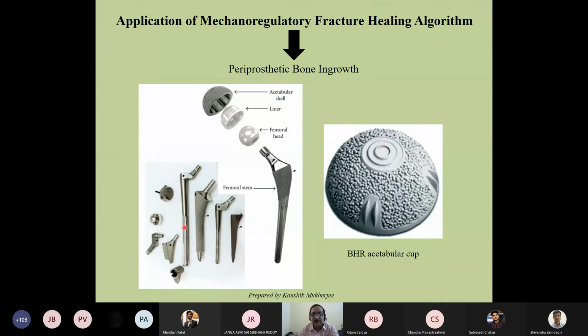So many things have evolved in the market, but the question remains: what parameters can influence the amount of bone ingrowth? For that, we needed to do a complete numerical investigation. Preclinical investigation was necessary.